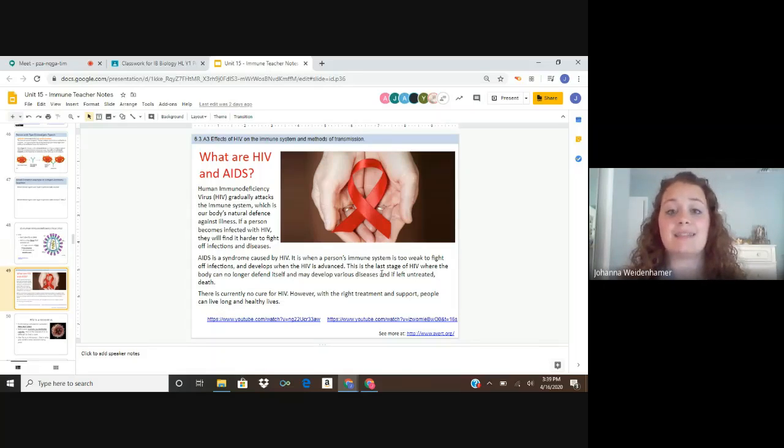And again, AIDS is the last stage of HIV where the body can no longer defend itself against various diseases, and if left untreated, could cause death. And currently, there are no cures for HIV. However, with the right treatment and support, people can live long and healthy lives. So I want you to take this slide and put it into your own words, consolidate what I just said about how HIV attacks the body and how it could possibly lead to AIDS.